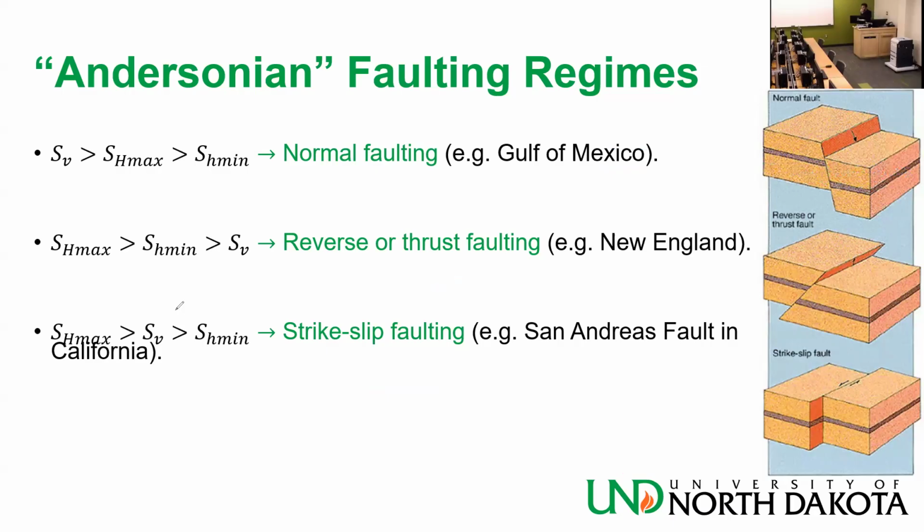All right, for the normal faulting, what is the most compressive? Is the SV. What is the least compressive? Is the SH mean.